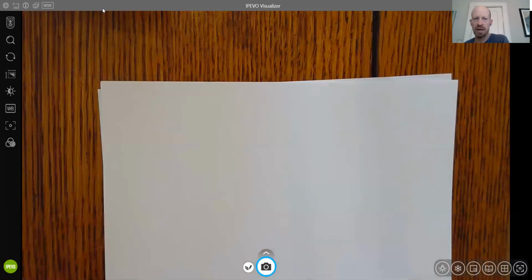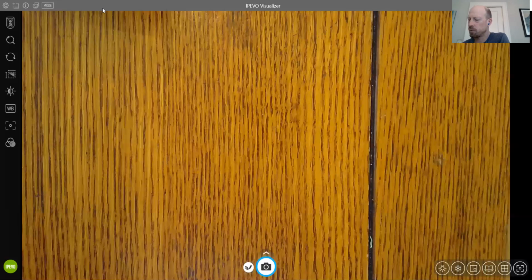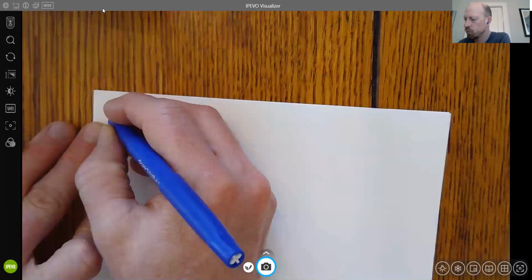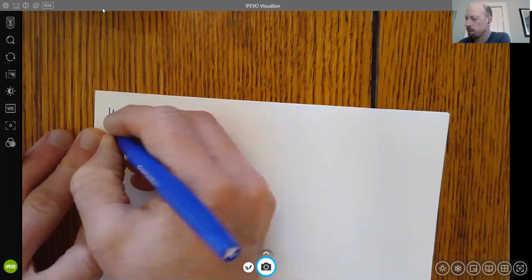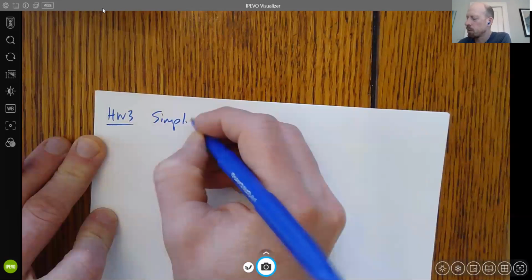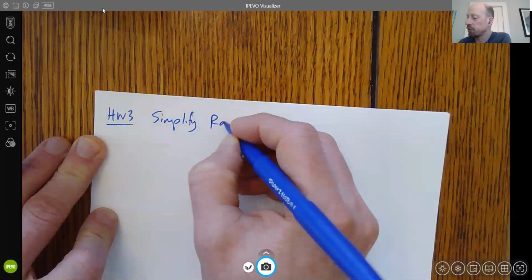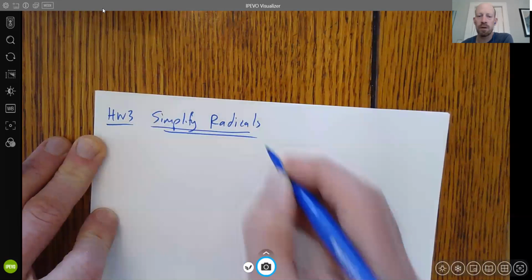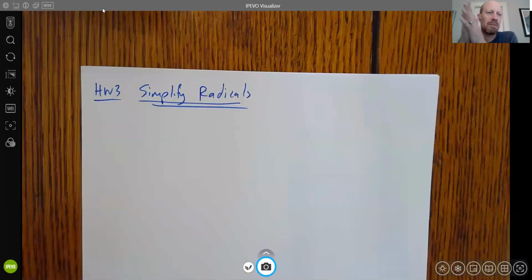The last section I wanted to make sure to go over with you is how to simplify radicals. And I find this maybe the most important of the sections. Without this, it's very hard to do any of the later homework assignments.